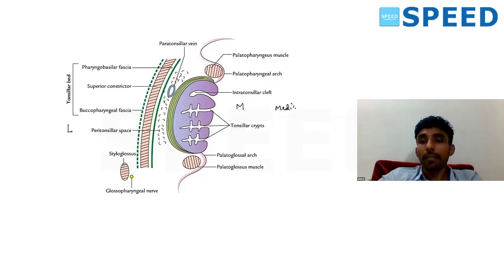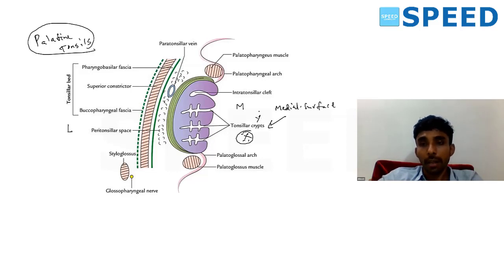The medial surface of the palatine tonsil contains numerous depressions called crypts. The crypts of the palatine tonsils are lined by what type of epithelium? Non-keratinized stratified squamous epithelium.